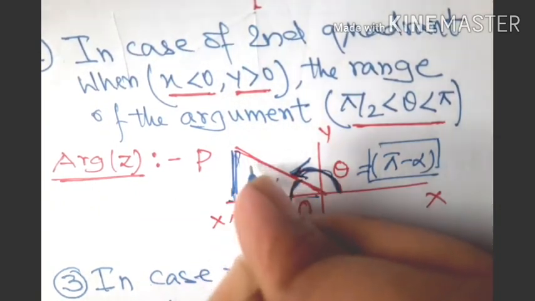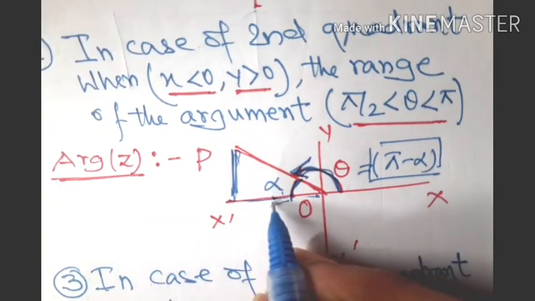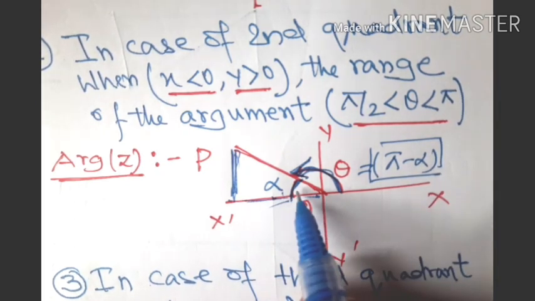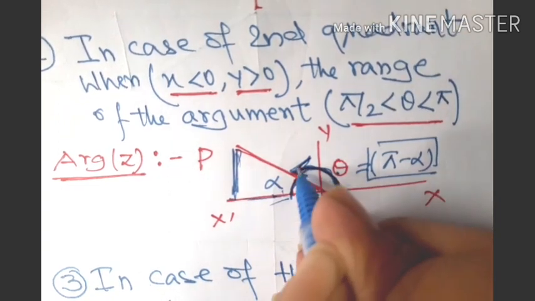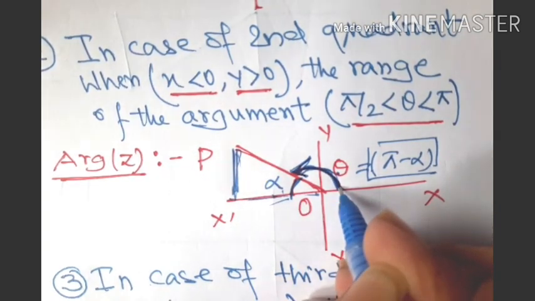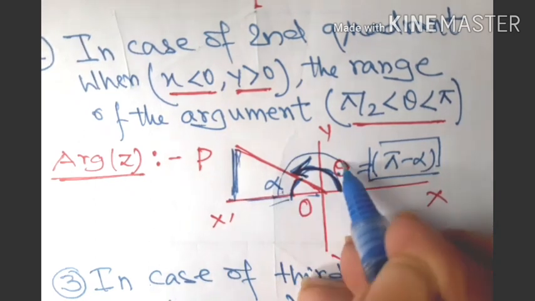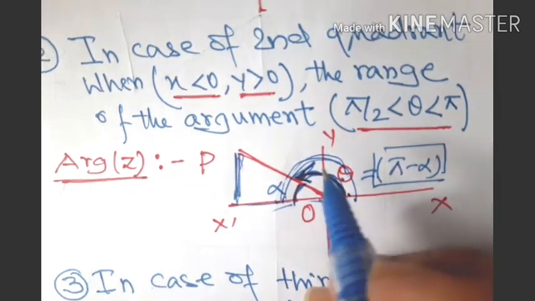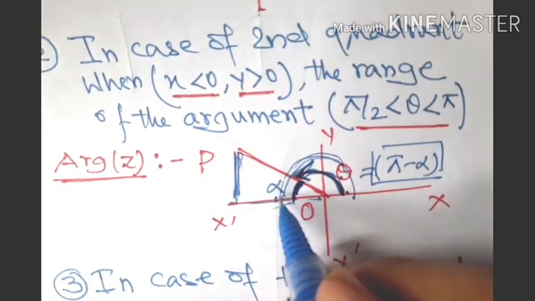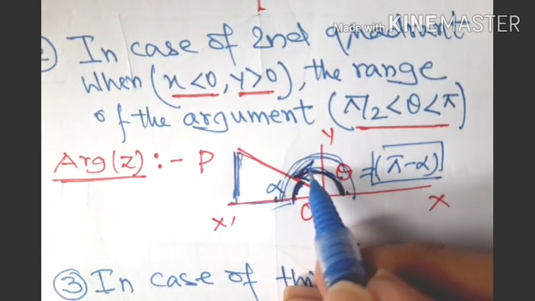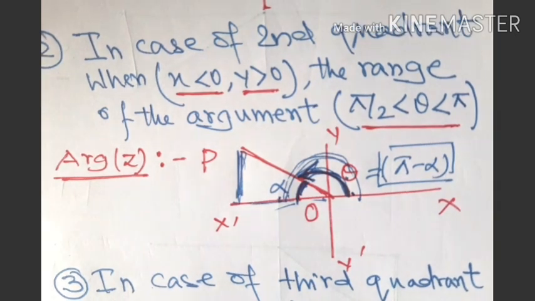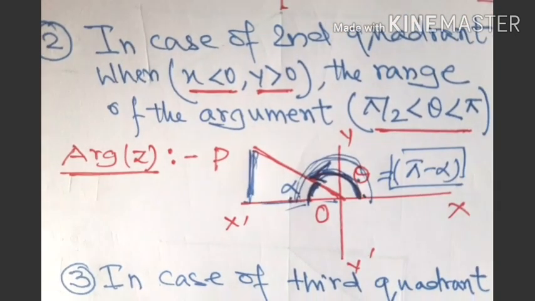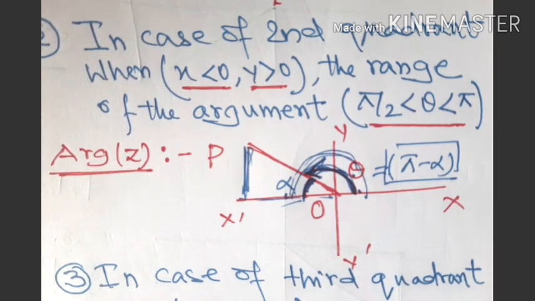By using this triangle we can get tan alpha, and then we get the value of theta by subtraction from pi, because this represents the principal value of the argument. This whole angle we know is 180, this angle is alpha, so the remaining portion that we want as the principal argument is pi minus alpha. Why pi minus alpha? Because the principal argument has to lie in the range minus pi to pi.